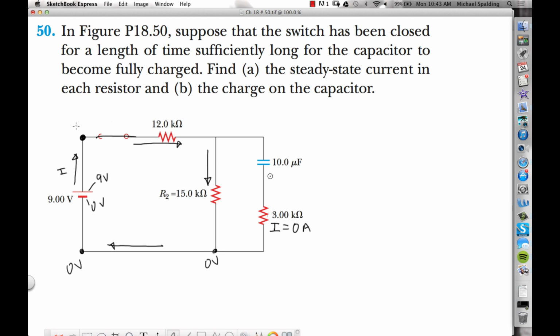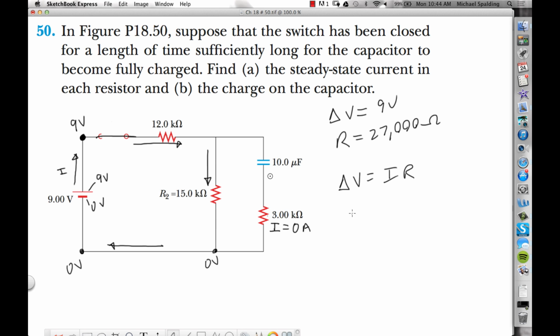How many volts do we have up there? 9. So as you go across these 2 resistors, what's the delta V? 9 volts. What's the total resistance? 27,000, right? Because kilo is 1,000. 27,000 ohms.